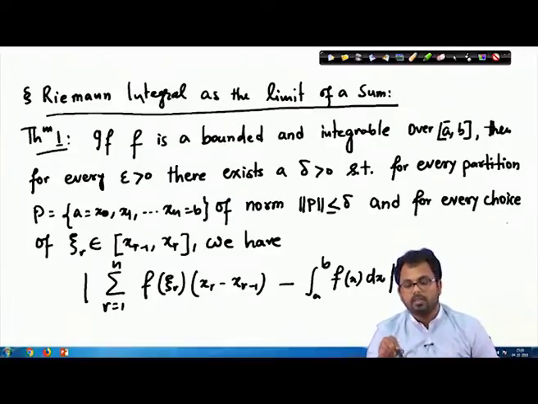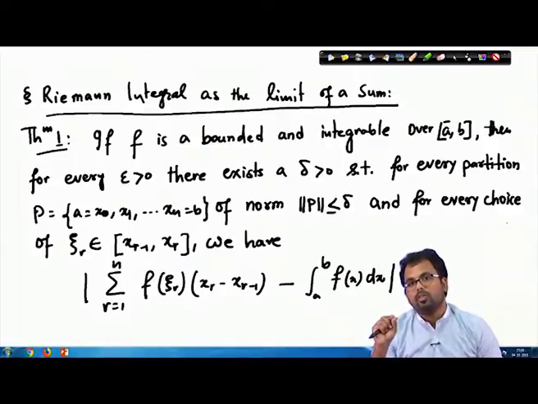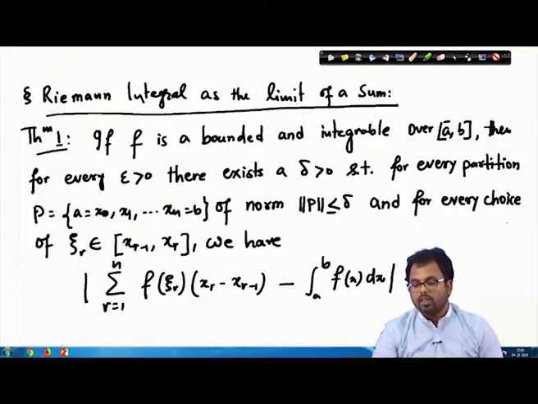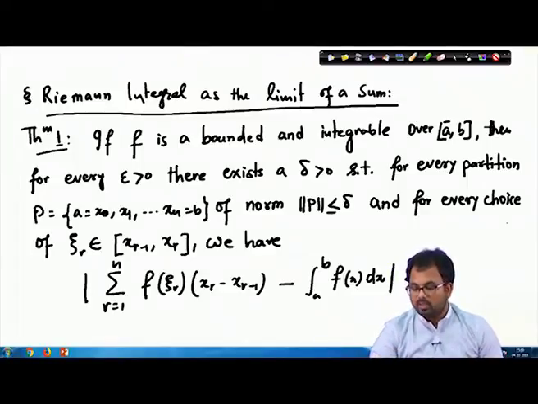This theorem says that if we have a bounded function f which is Riemann integrable over the interval [a, b], then for every positive epsilon, an arbitrarily chosen small positive number, there corresponds a positive delta such that for every partition P whose norm is less than this delta, we can choose a point psi_r in the r-th interval such that this value is less than epsilon.